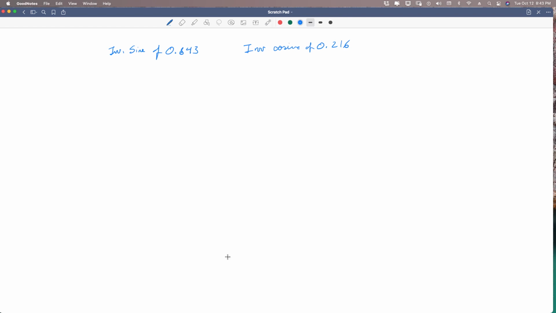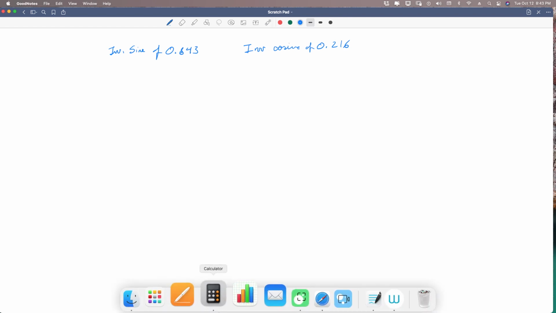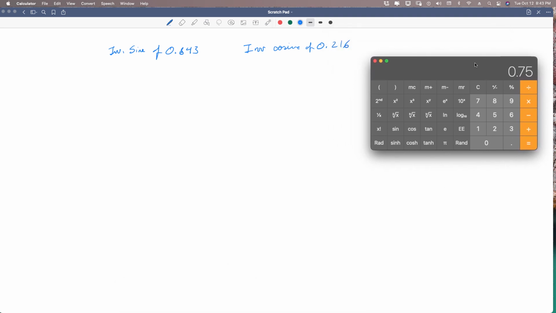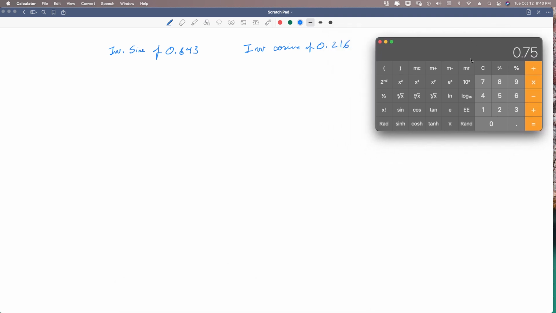So what we're going to do, it's really straightforward. Let me pull your calculator up. And let me see if we have the inverse sine here. Do I have it on my handheld? I wonder if I do or not. I do not see it. Oh, I do. It's the sine to the -1.